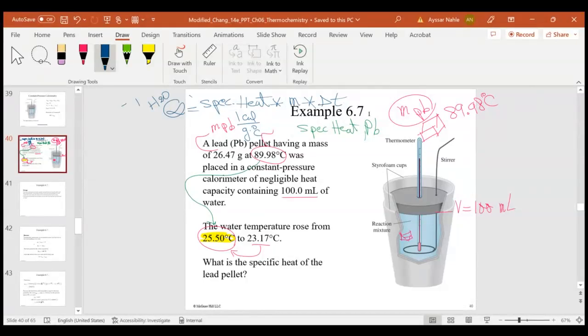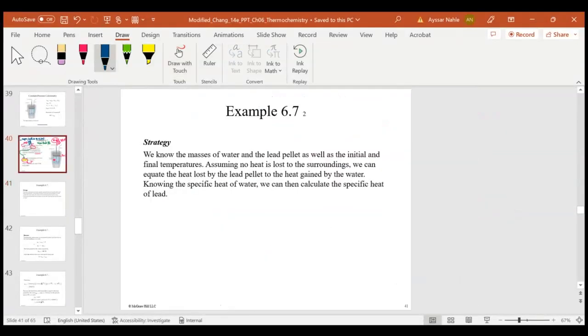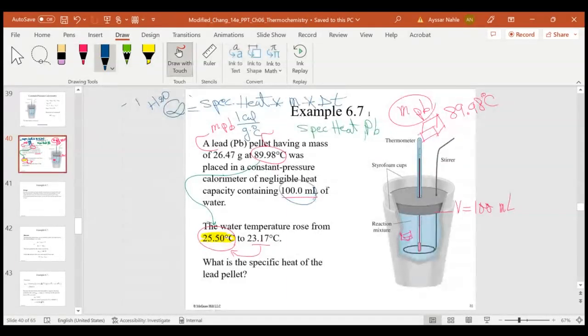And the mass, do I know the mass of the water? 100 milliliters of water, it is how many grams? The mass of the water is 100 grams. Now I multiply by 100 grams.